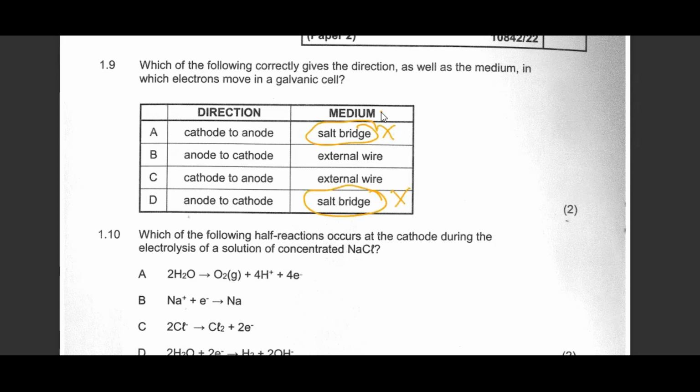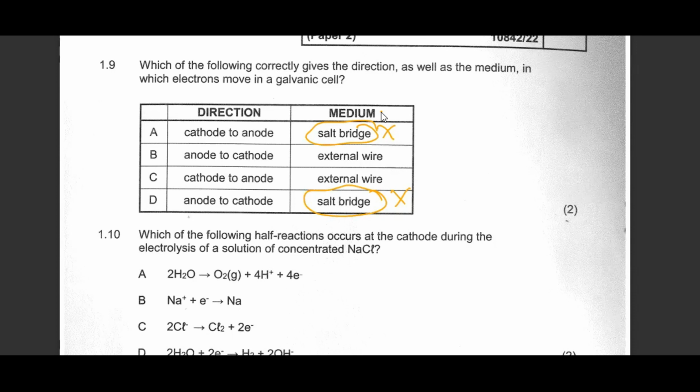So use this technique of elimination so that you have fewer options to pick from. The chances of you getting it right is increased if you wipe out those which are wrong.